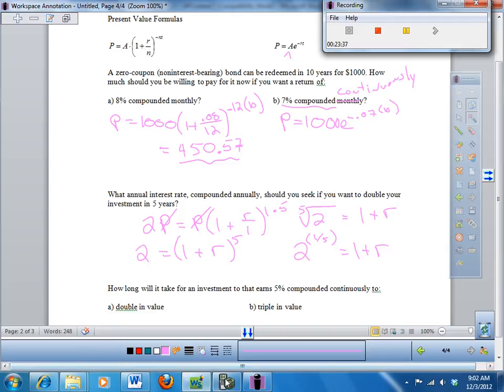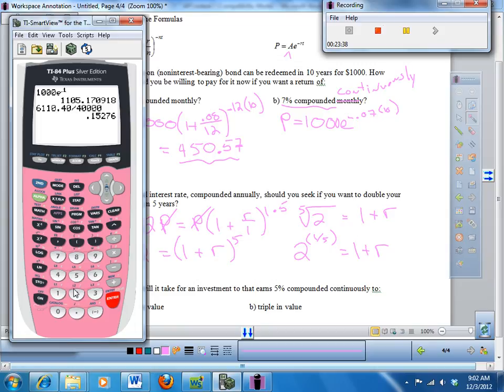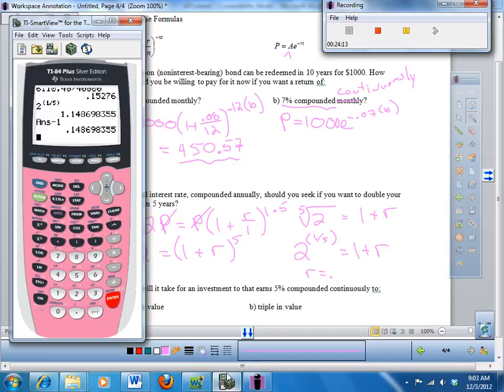And so then you go to your calculator and you go 2 raised to the, in parentheses, 1 divided by 5. And you get some number, 1.14, and then I have to subtract 1 from that, and that is equal to 0.14.